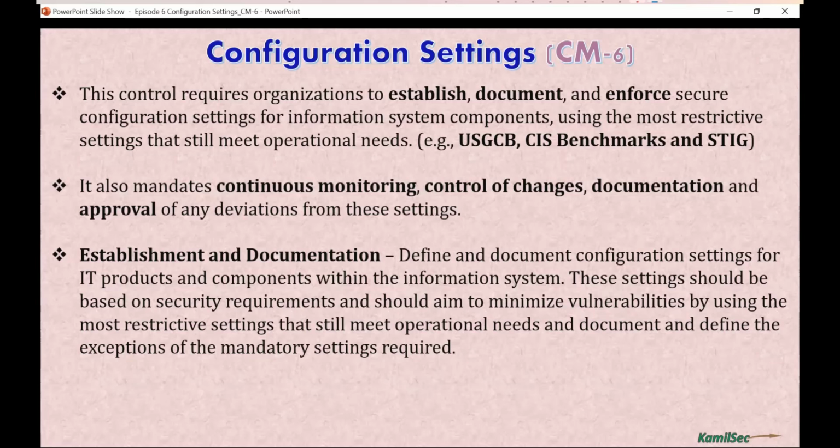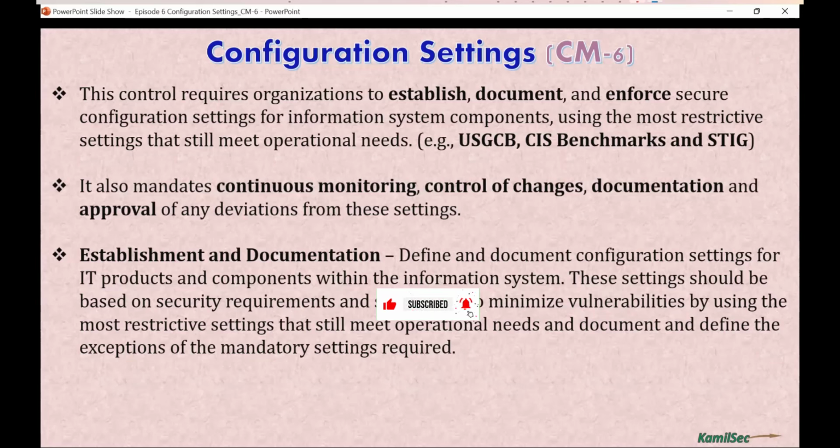Establish and document. So, define and document configuration settings for IT products and components within the information systems. These settings should be based on security requirements and should aim to minimize vulnerabilities by using the most restrictive settings that still meet operational needs, and document and define the exceptions to these mandatory settings.